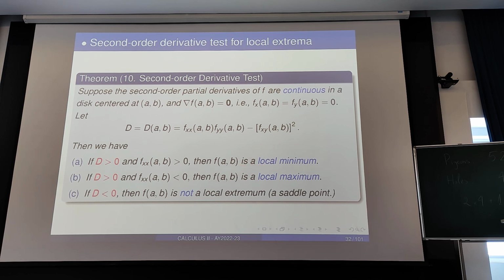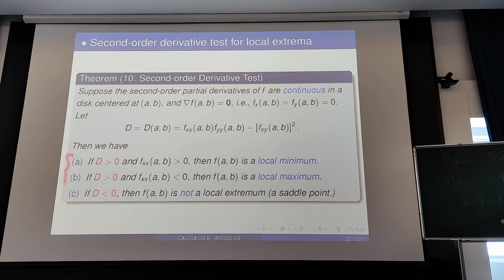Okay. In the second statement, if D is positive and fxx at (a,b) is negative, then f(a,b) is a local maximum.